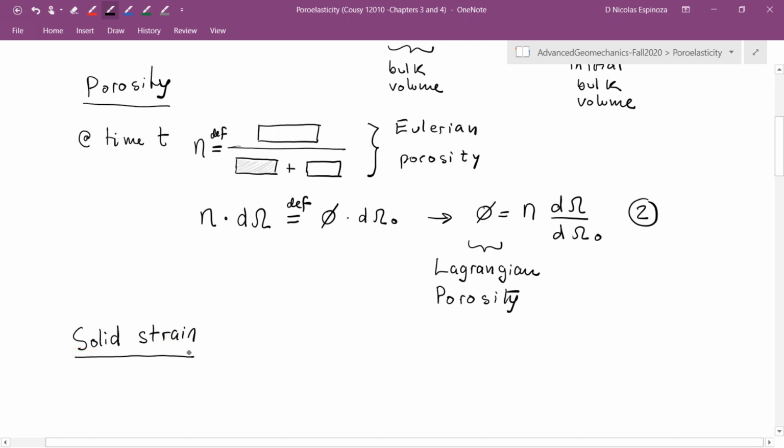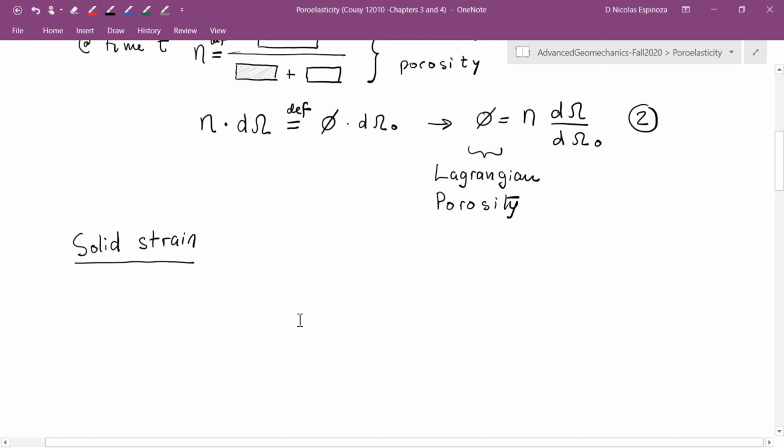The solid strain, by definition, and I'm going to refer to this in terms of volumetric strain, the volumetric strain of the solid part is going to be equal to the volume of the solid part at some time, so this superscript S means solid, minus the original volume of the solid part, divided by the original volume of the solid part. And this one again is a definition.